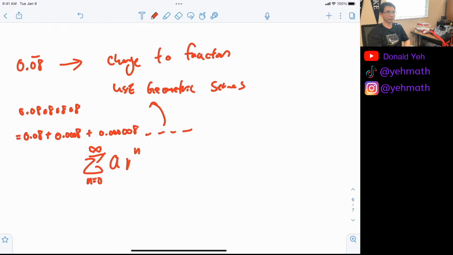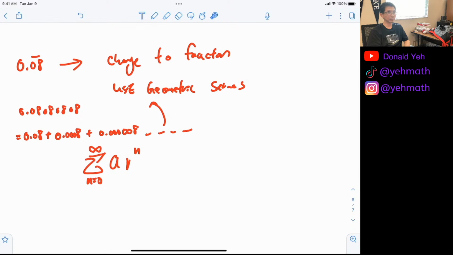What do you guys get for the common ratio? I got 1 over 10. No, should it be 1 over 100? 1 over 100, yeah. Okay. That's what I put. Nice, so it is right. Then you'd have 0.08 over 1 minus 1 over 100, right?